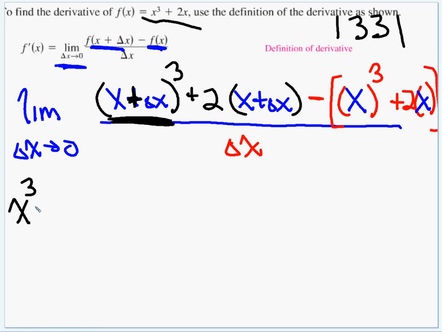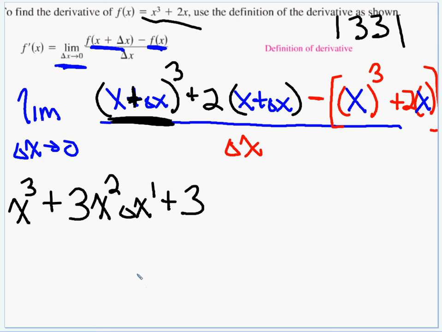You could think plus delta x to the 0 power, but delta x to the 0 is 1, so we can ignore it. Our next term, we'll have a 3 in front. The x is going to go down 1 power to x squared, and here we have a delta x to the first.